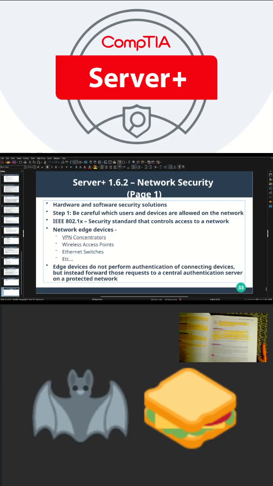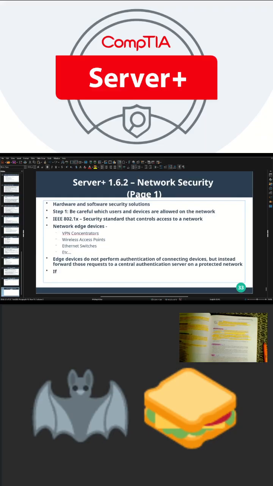So in the case of a LAN device, if a LAN device does not support IEEE 802.1X, we got to know that.